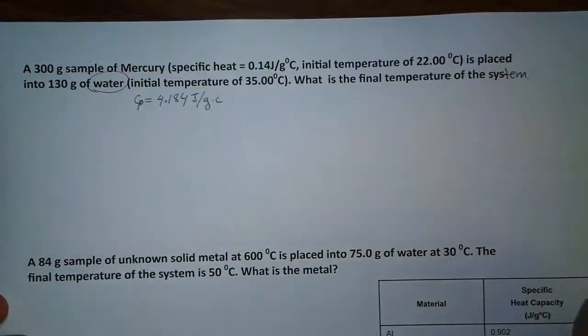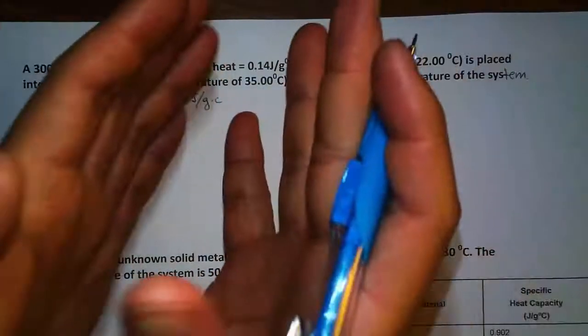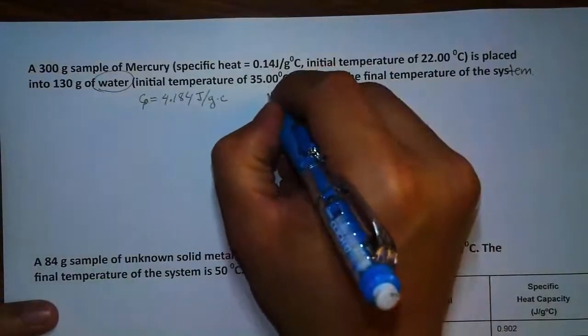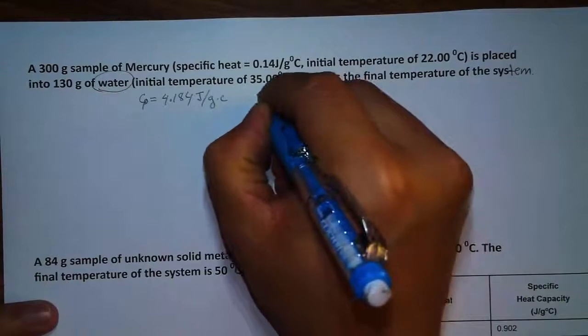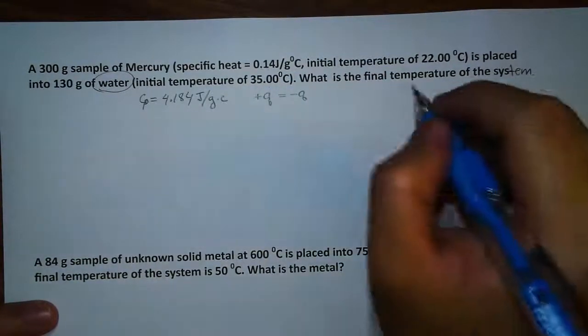Now notice how this becomes more confusing because you have two systems combined together. So remember, going back to the ideas of Q gain equal to Q loss, or Q loss equal to Q gain.